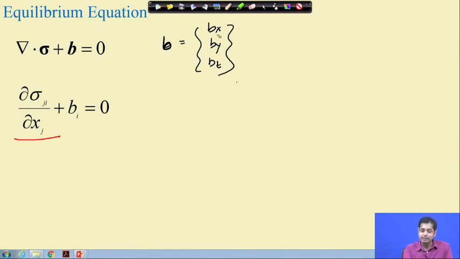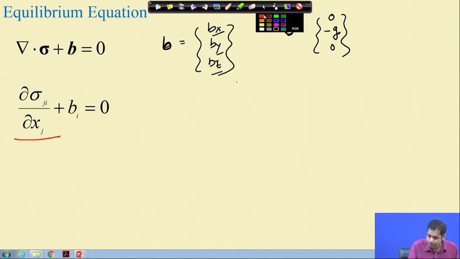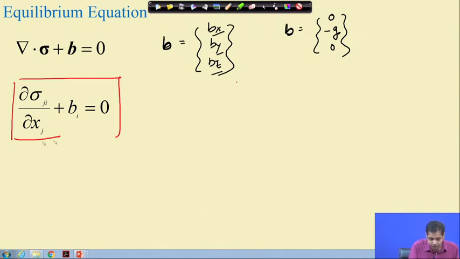Okay. So, Bx is the body force density in x direction, By in y direction, and Bz in z direction. Suppose you are taking gravity, which is acting only downward, then we can have something like this, which is 0, minus g and 0 and so on. Okay. So, this is the equilibrium equation written in terms of stresses and in indicial form.